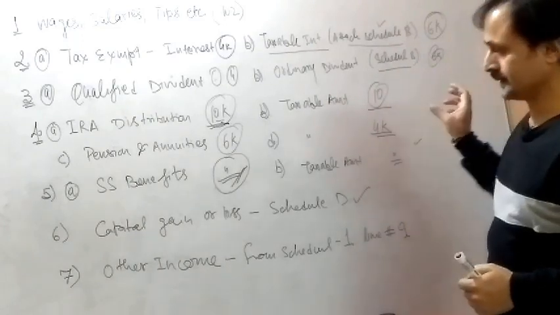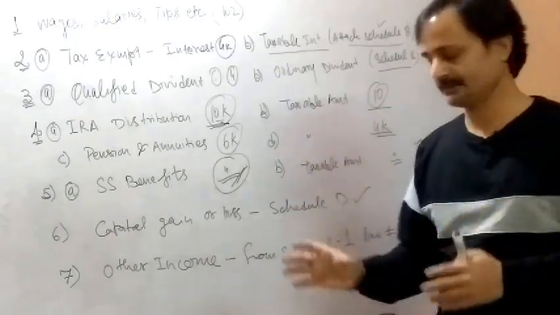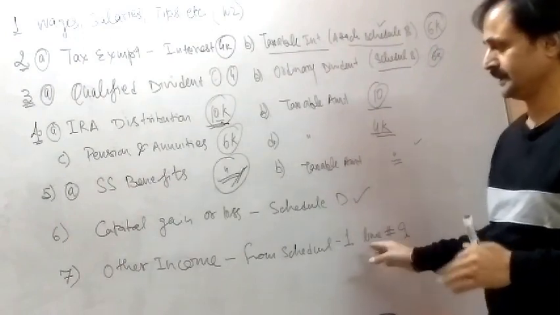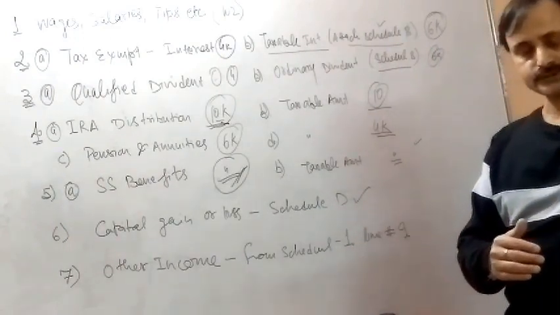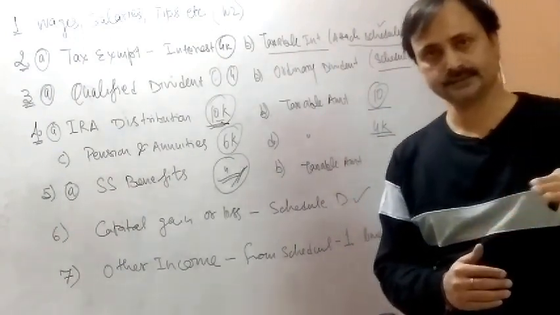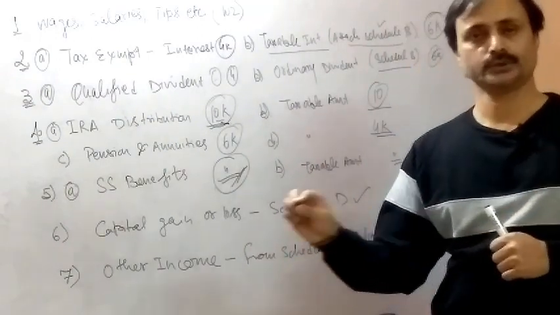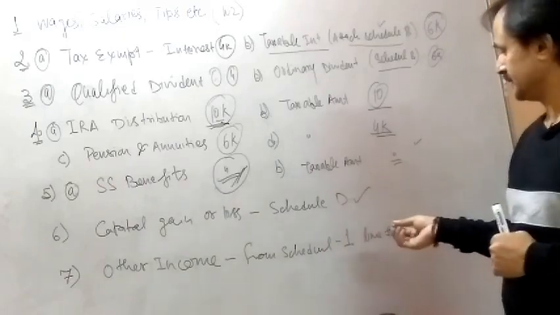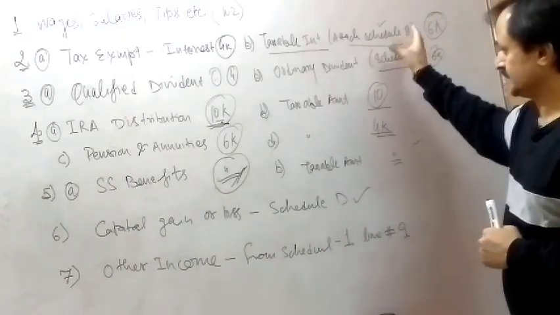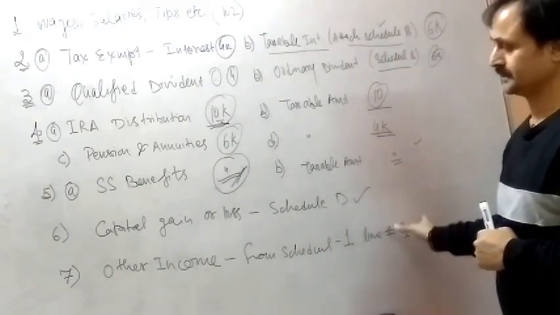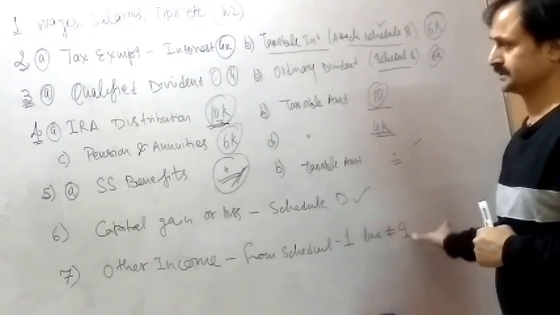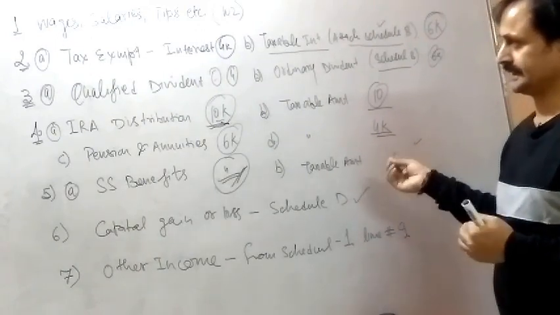In Schedule 1, from line 1 to 8 different incomes will be written, and at number 9 the total is given. That total is written here. So that is all the income sources and income details.